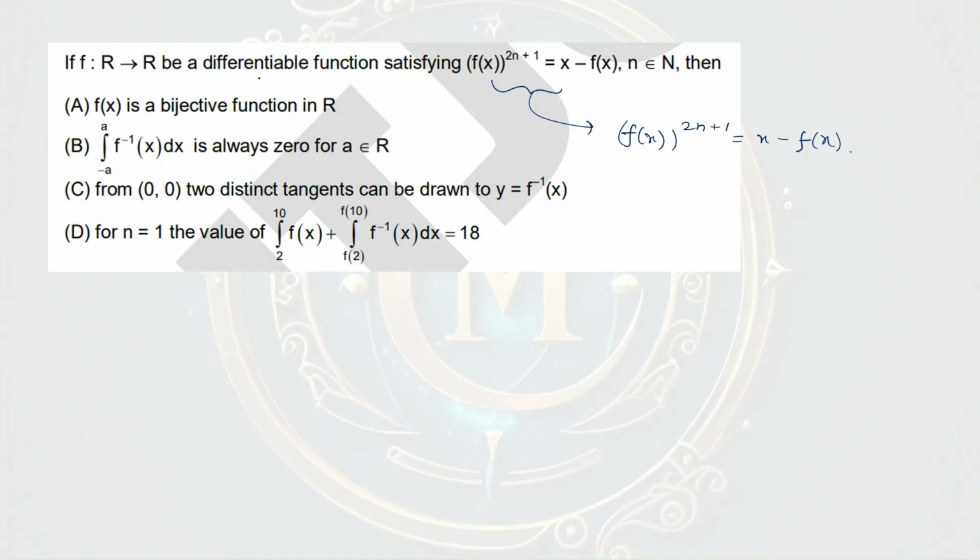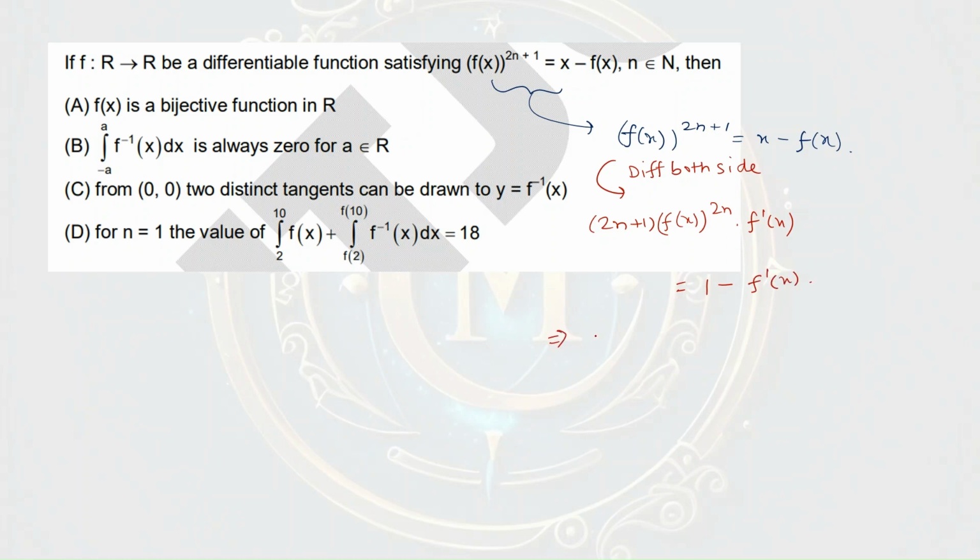As it is given that f is a differentiable function, we can differentiate both sides with respect to the variable x. We get (2n+1)(f(x))^2n times f'(x) is equal to 1 minus f'(x).